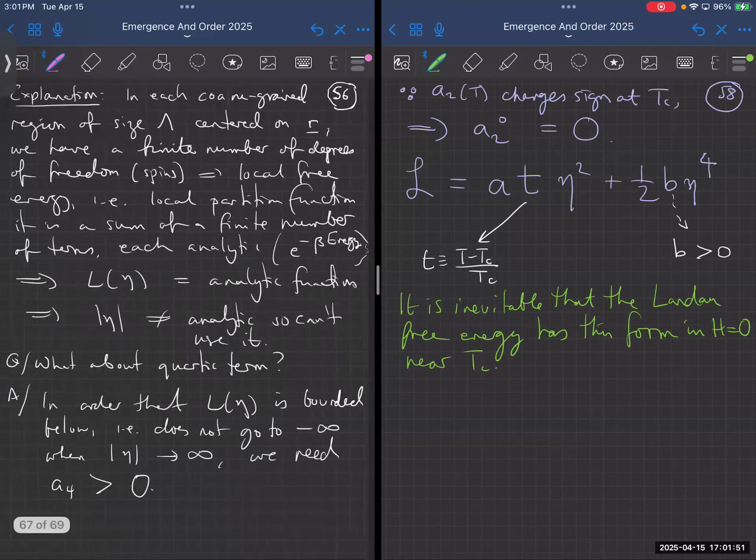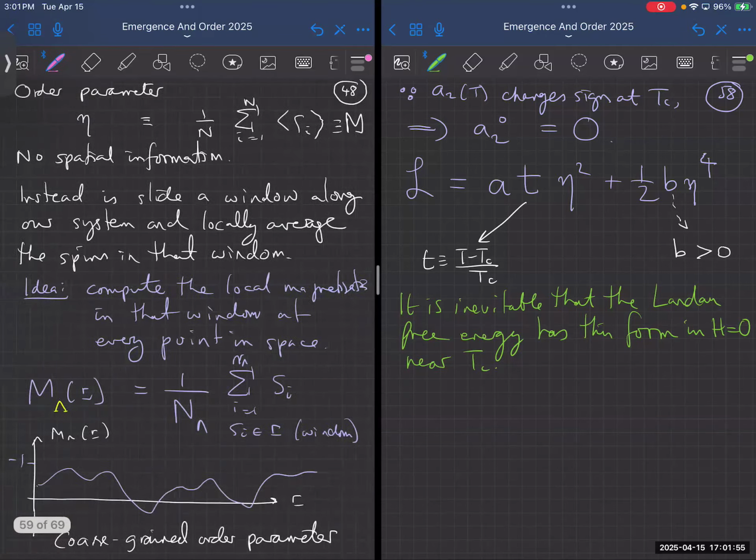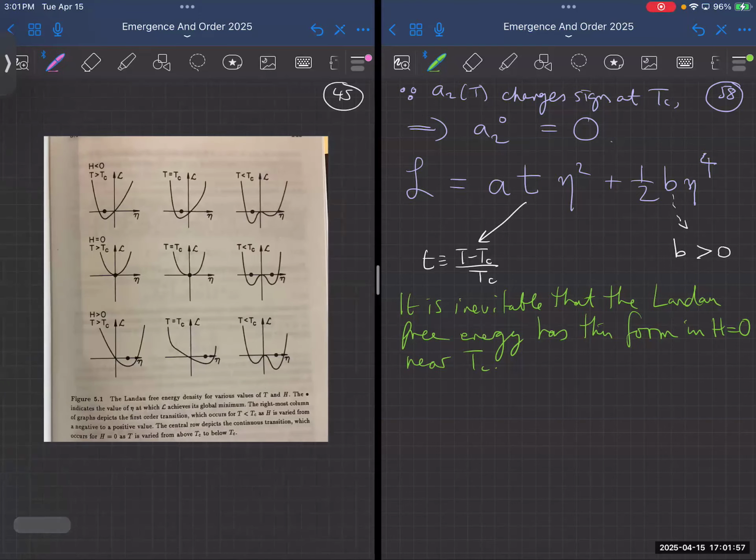Okay, so what is that? How does that explain the physics of the system? So let's go to this thing.